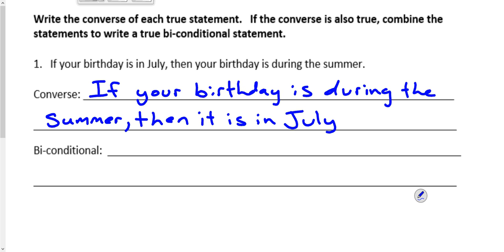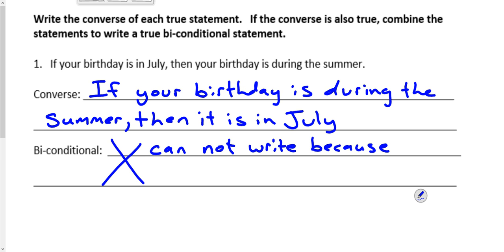And is that true or false? If your birthday is during the summer, then it is in July. That is false. So we cannot write the biconditional, because the converse is false.